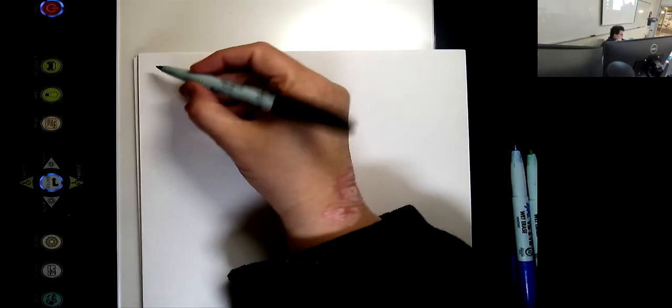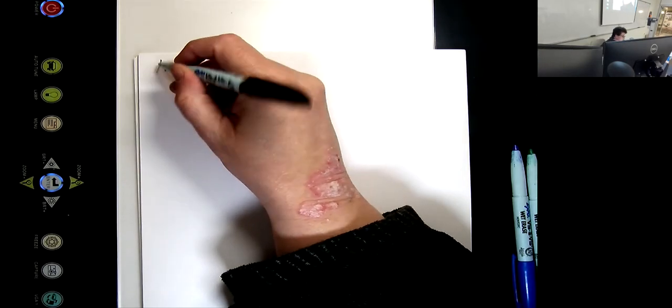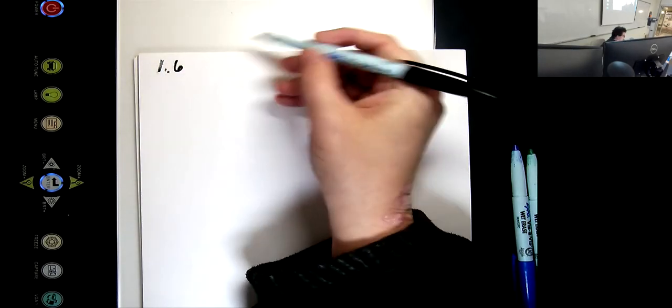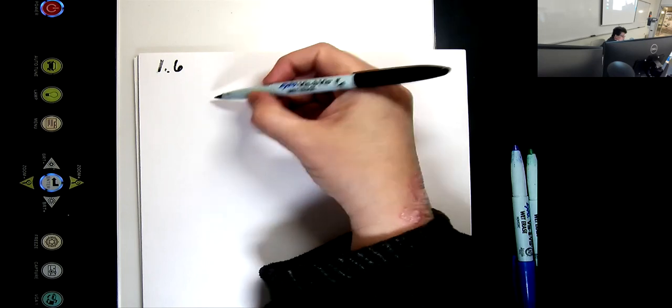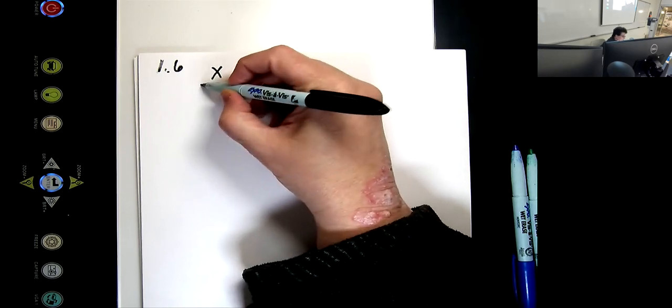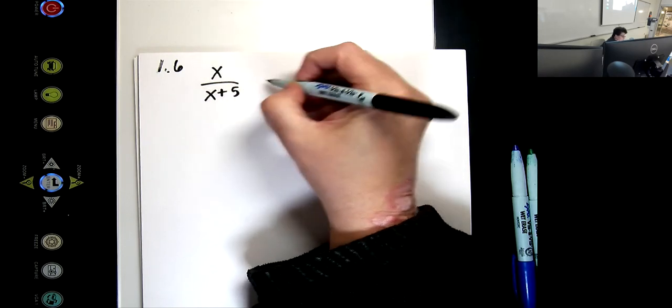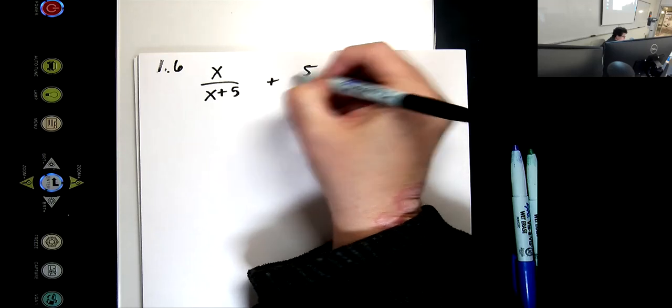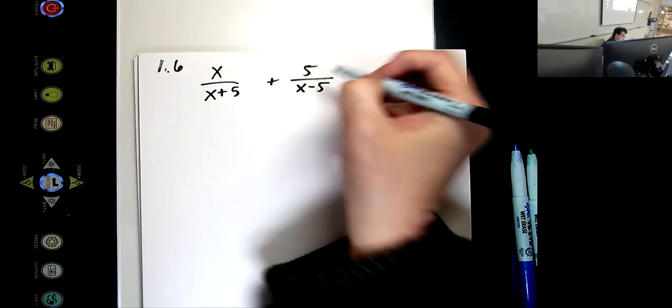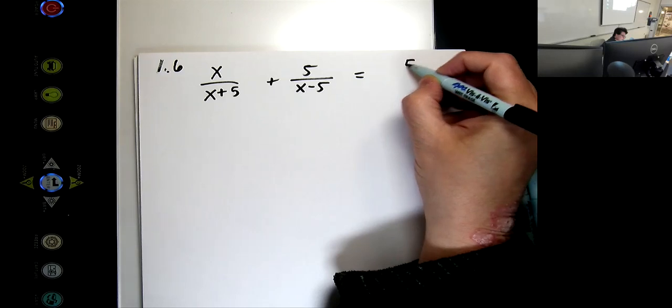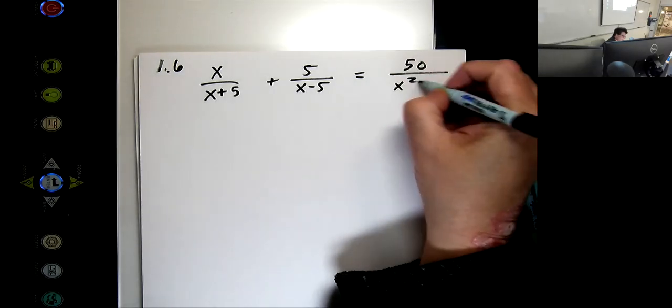So this is in the 1.6 section. Let's take a look at x over x plus 5 plus 5 over x minus 5 equals 50 over x squared minus 25.